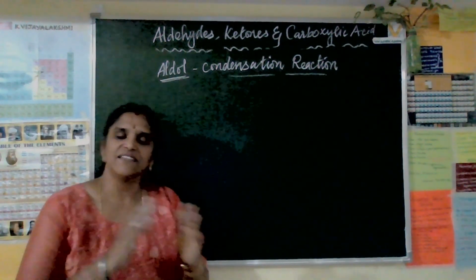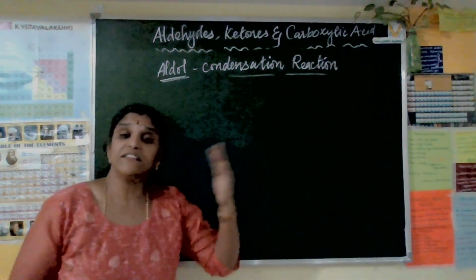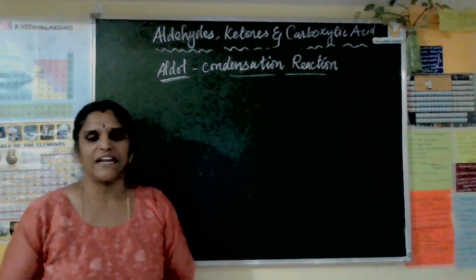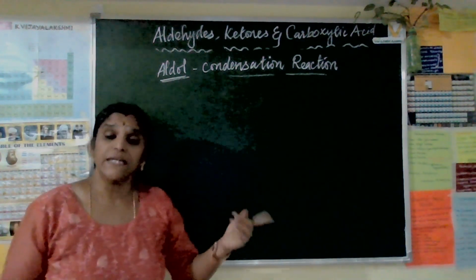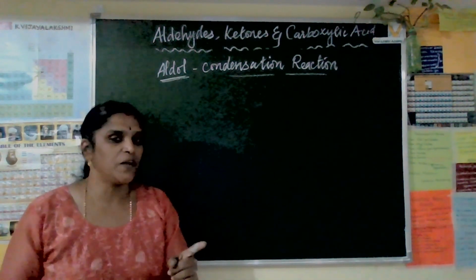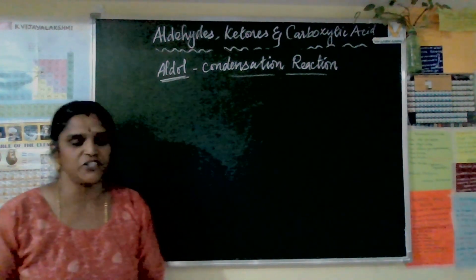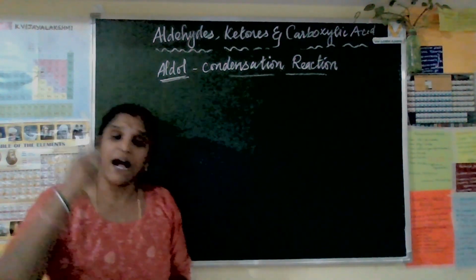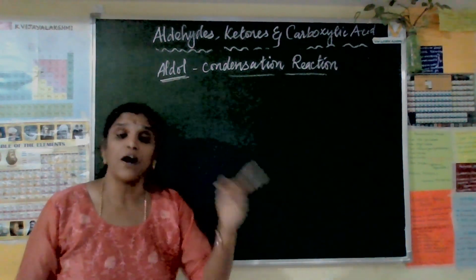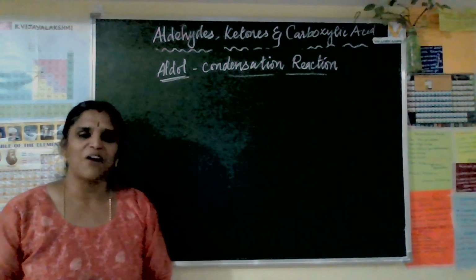Generally, aldehydes or ketones have alpha hydrogen. Now, when aldehydes or ketones react with dilute NaOH, what happens? A self-condensation reaction takes place, and you will get beta-hydroxy aldehyde or ketone formation. Now if you heat, you will get an alpha-beta unsaturated carbonyl compound.